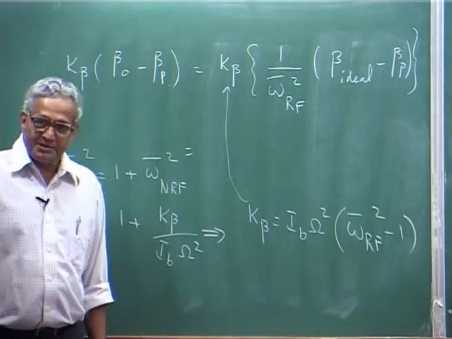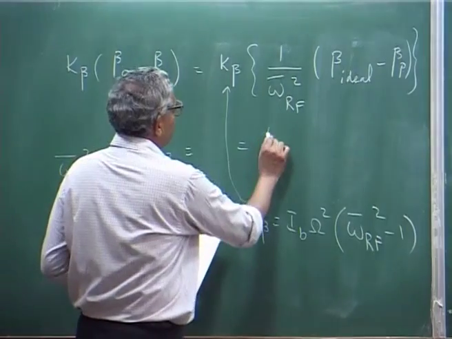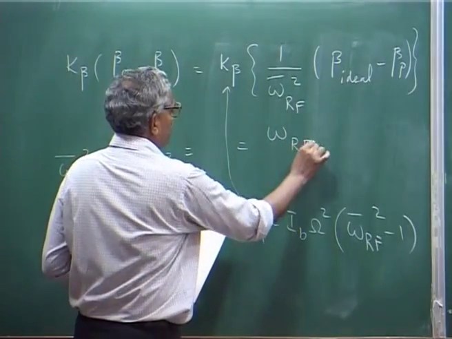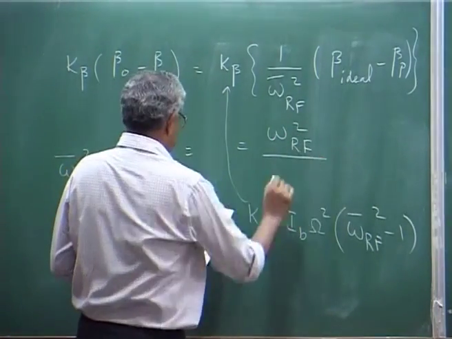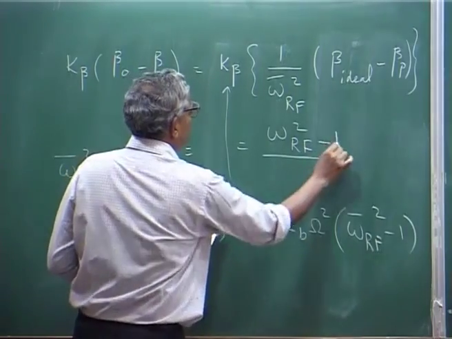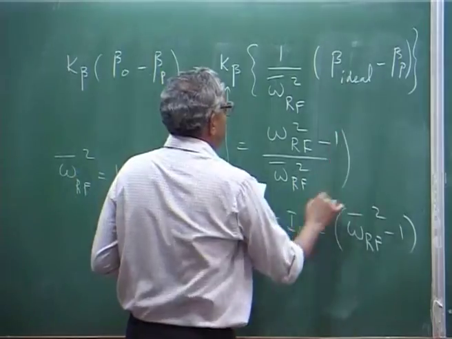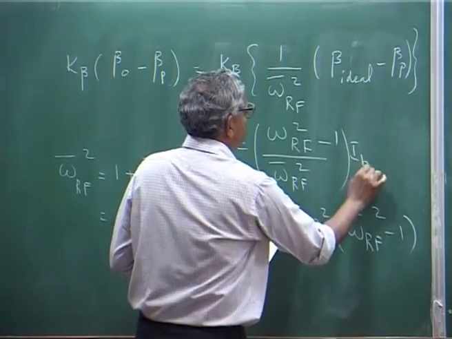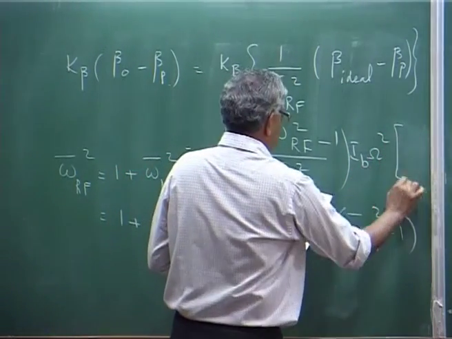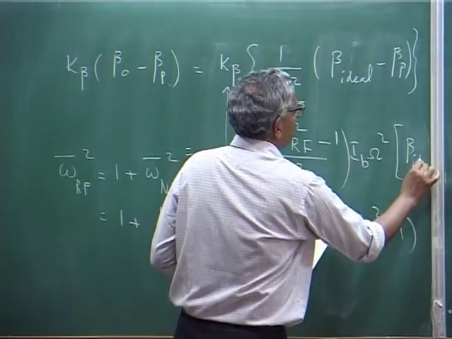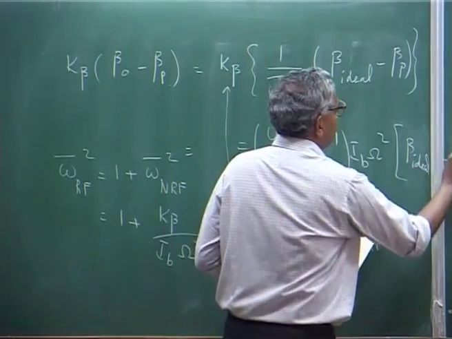Now, everything will be in terms of, over minus 1 and I b omega square beta ideal minus beta p.